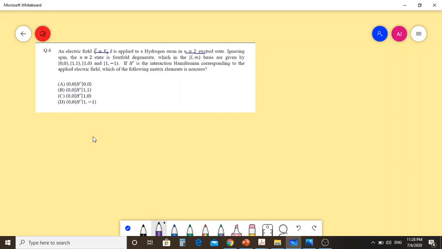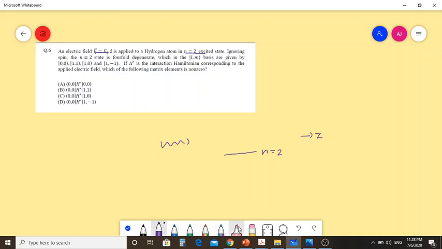It is too simple. First, we want to understand the n equal to 2 excited state for the hydrogen atom. Suppose this is the z direction, and I am applying the electric field here. It's not an alternating field; E equal to E naught is a DC field.